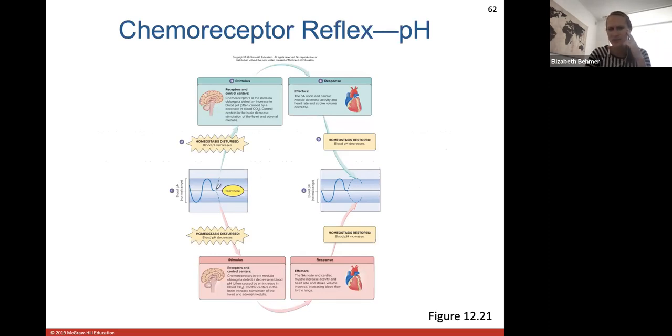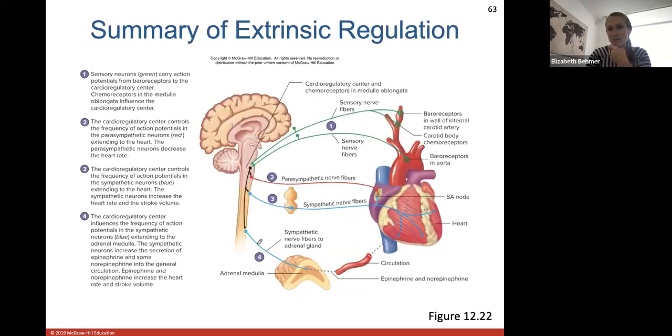If blood pH levels get too high, that disturbance is picked up by the chemoreceptors, again in the medulla oblongata, which help to decrease activity of the heart and decrease stroke volume, to try to bring blood pH levels back to normal range. And the opposite occurs if blood pH gets too low.